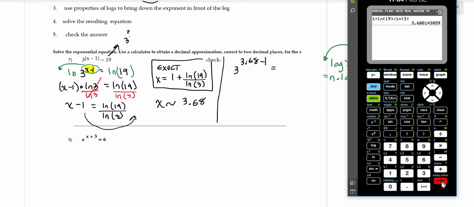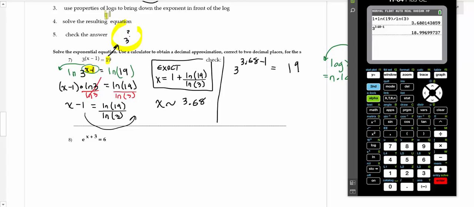That'll give us close to 19. It's not perfect because we rounded, so for all practical purposes, that's good enough. Everybody understand what I did there? The reason we had to use logarithms again is because that 19 cannot be written as 3 to a power, so we're forced to use logarithms.